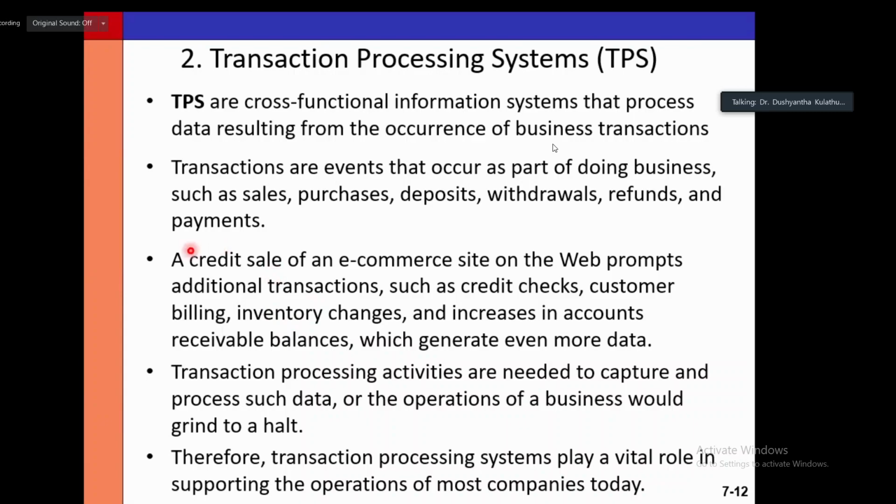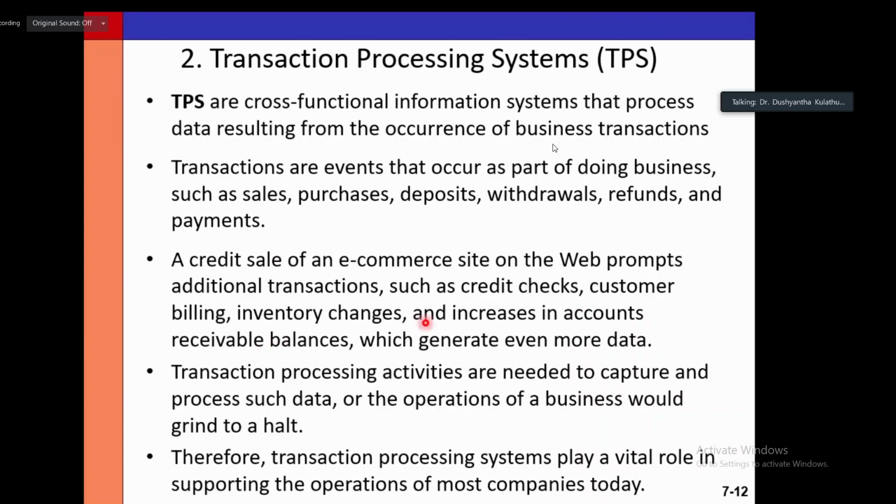Also, the particular transaction originated as a credit sales transaction where the sales function is involved. Here the accounting function is involved, and this can be the production function. And the next one, increases in accounts receivable, relates to the accounts function.